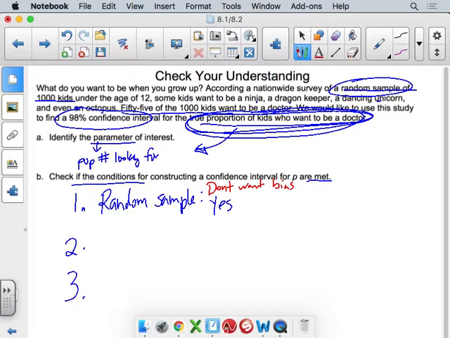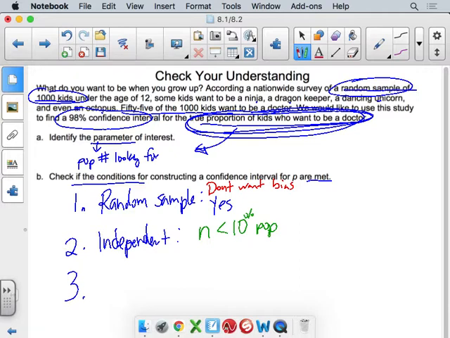All right. The second one is: is our data independent? Is this random sample of 1,000 kids independent? Are those kids' answers given the opportunity to be independent from one another? One way that we've done this is that we want our sample size to be less than 10% of the population, because if it is, that gives room for variation.